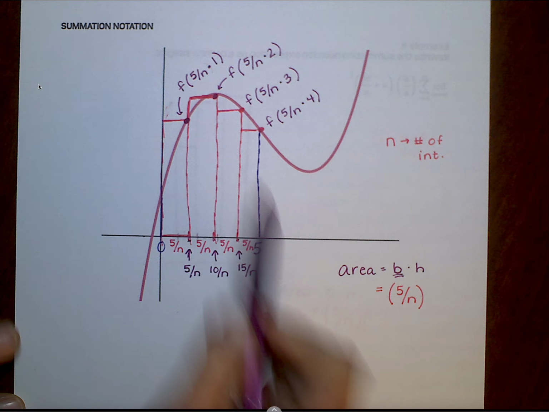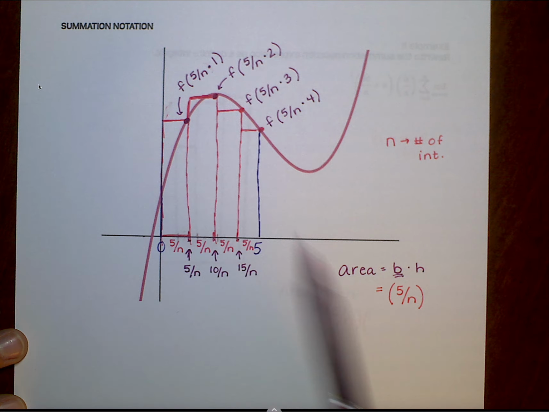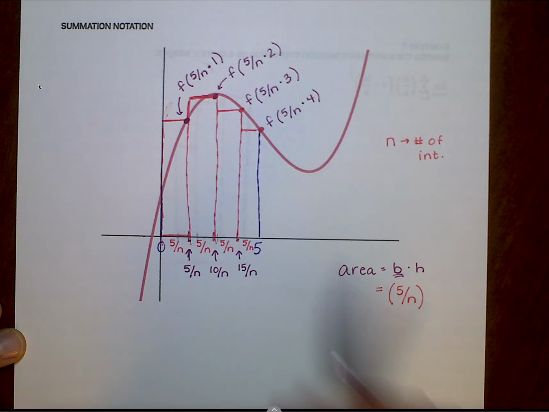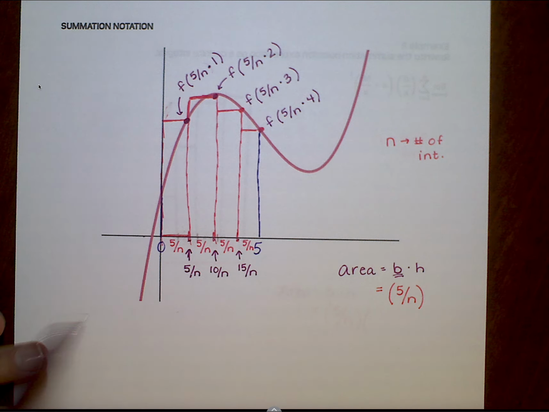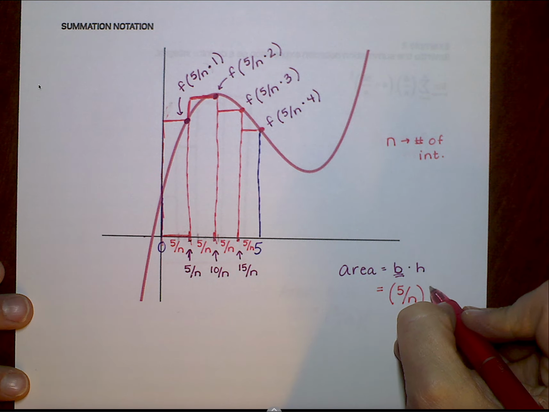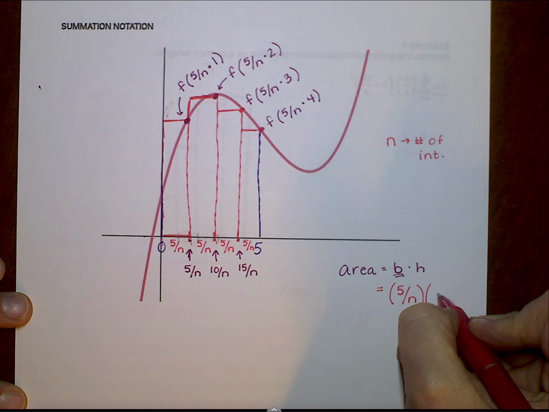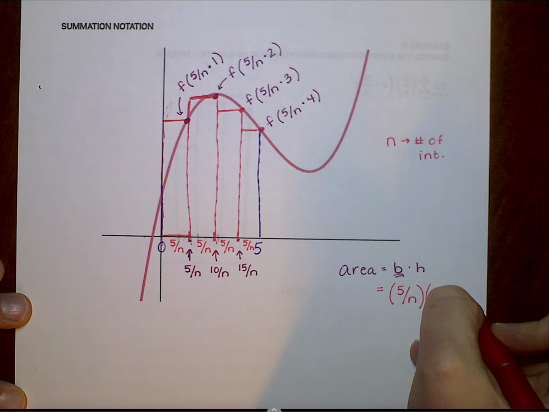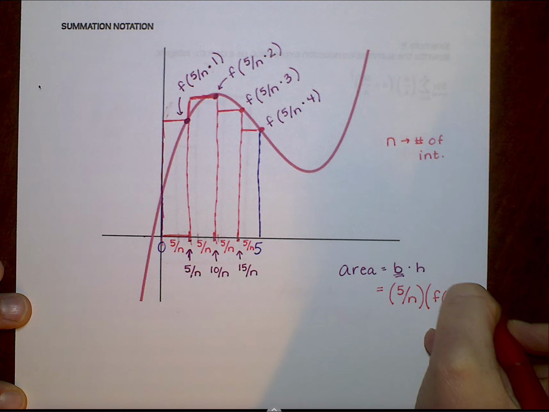But I wrote it this way because what we want to be able to do is generalize when I write my height. I want to be able to talk about any rectangle I draw, no matter how many rectangles I've drawn. I want to pick any one of them and say what the height is. So I would say my height is f of 5 over n times k.